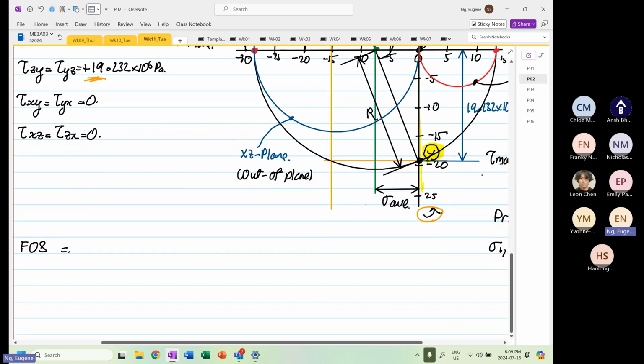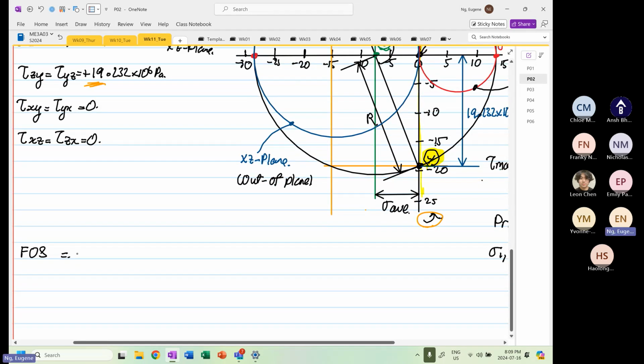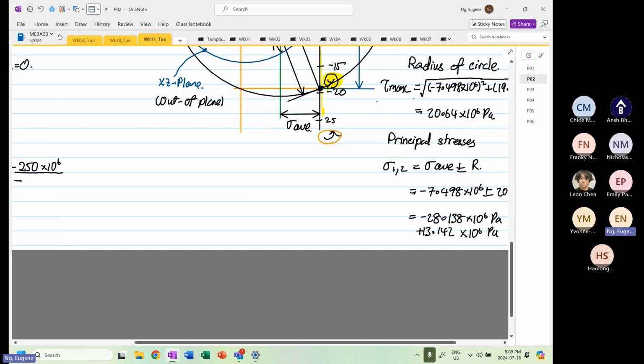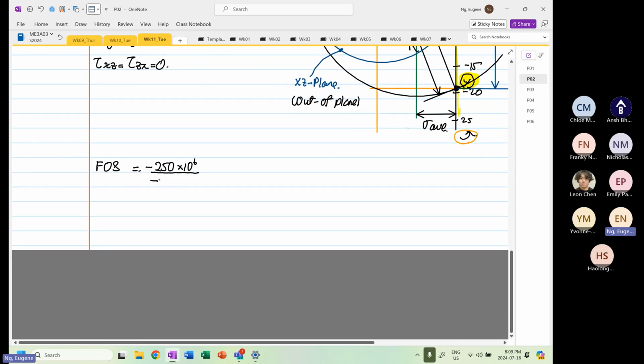So it's 250. Now you can put minus 250 times 10 to the power 6, divided by minus 28.138 times 10 to the power 6.